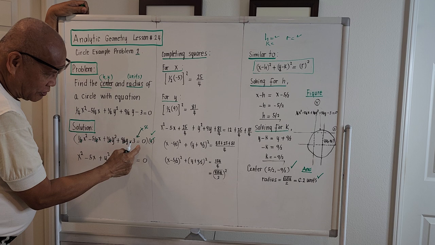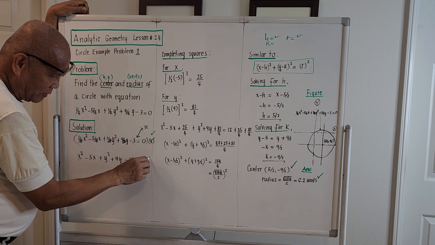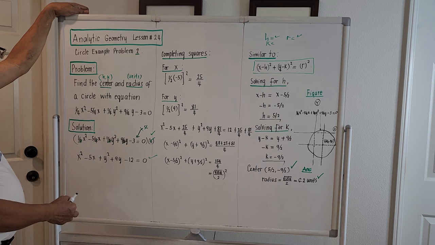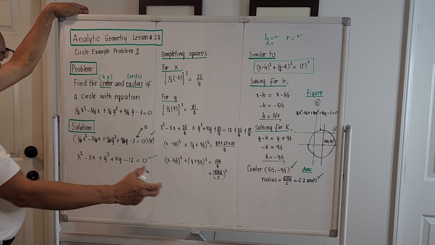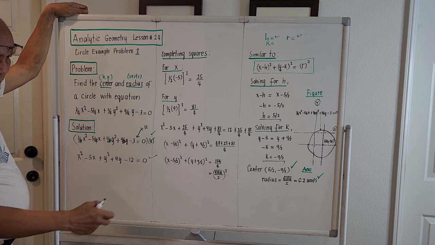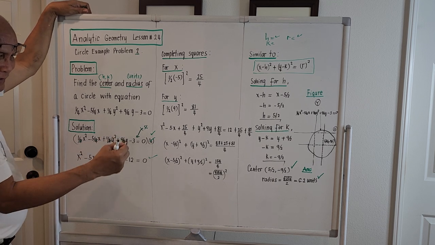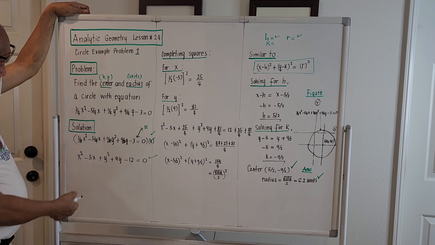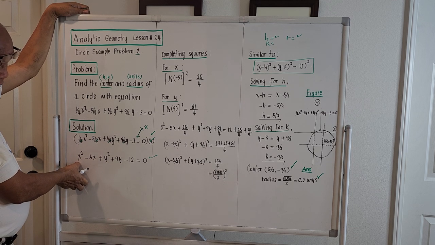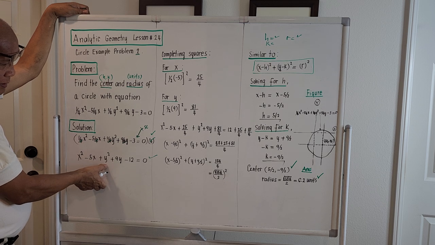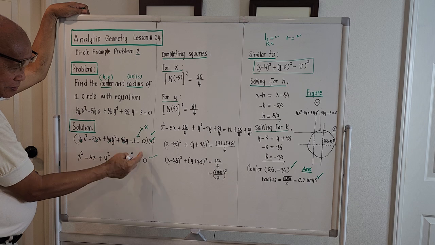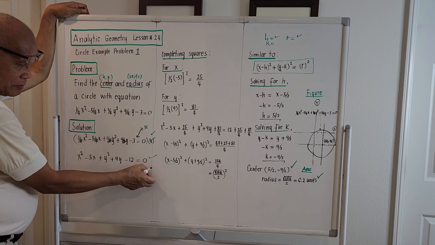The right hand side, 0 multiplied by 4, will still be 0. After the multiplication by 4, the resulting equation looks nicer than the original, because we eliminated the denominators. So what comes out is x squared minus 5x plus y squared plus 9y. 3 times 4 will be negative 12. And 0 times 4 will be equal to 0.